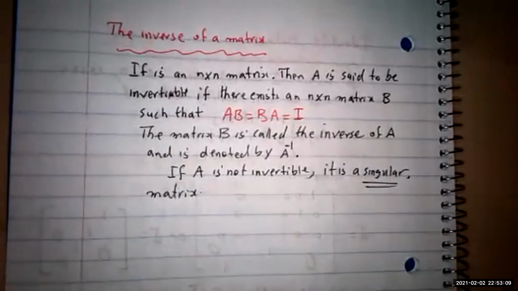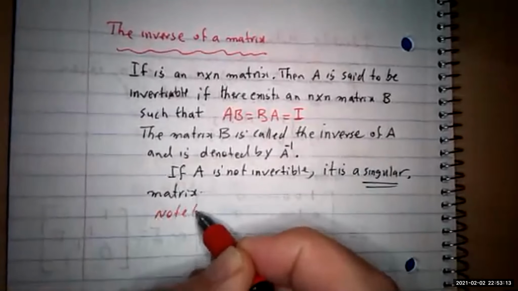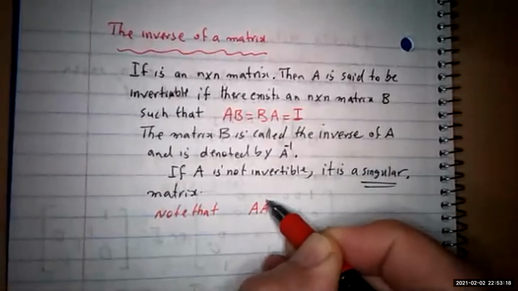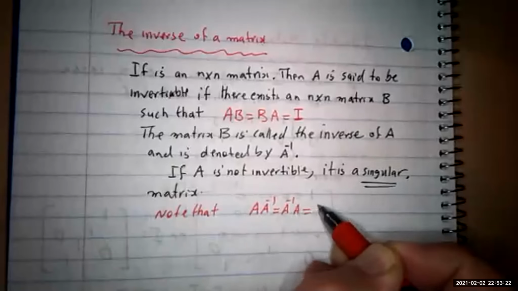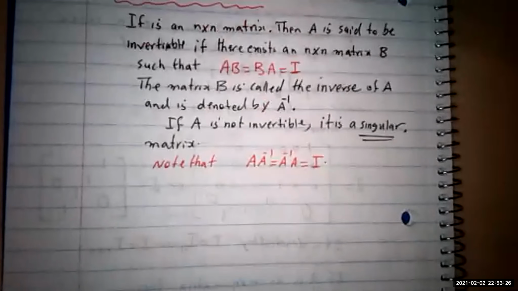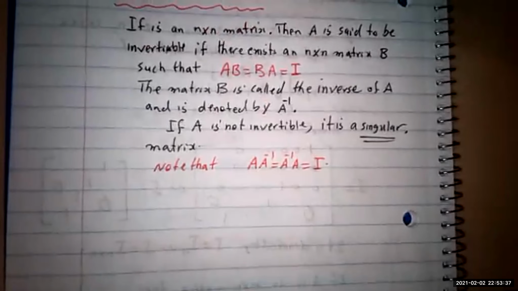So note that that's what we are going to be interested in. A times A inverse is equal to A inverse times A, and the result is going to be I. That will help us to solve that equation that we talked about, and in fact, that will help us to be able to define any powers.